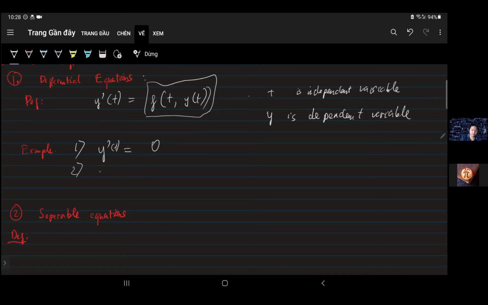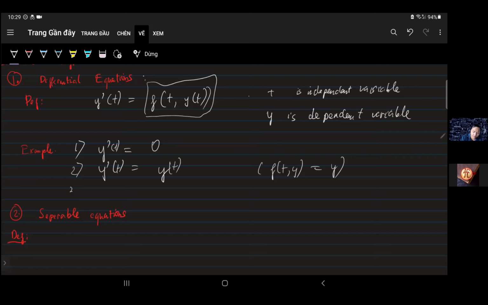The second example is also a simple one, for example y prime equals y, so f(t, y) equals y. There is no t variable in the function f. If you solve that equation, you're going to get y equal to exponential of t times some initial condition.